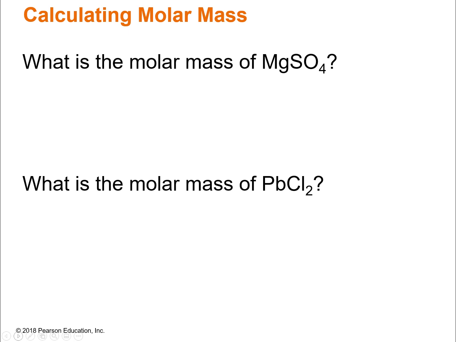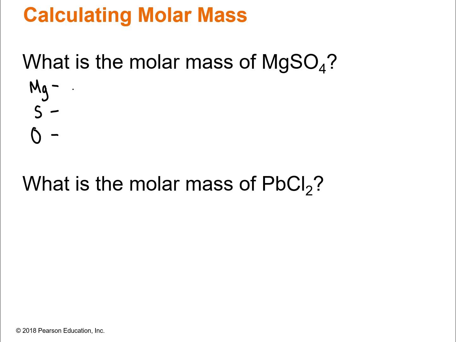If I asked you what's the molar mass of magnesium sulfate, you would go to your periodic table. You'd find magnesium, sulfur, and oxygen. You'd report the mass, which is the decimal number underneath the symbol. So if you have your periodic table, look up magnesium and tell me what the atomic mass is.